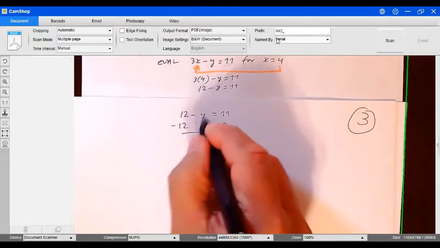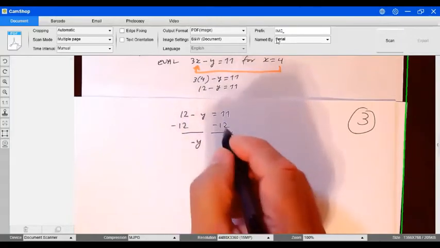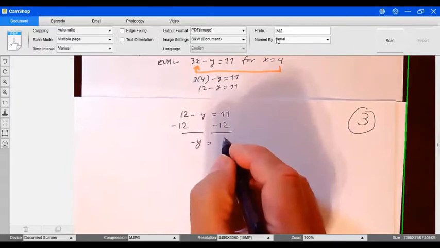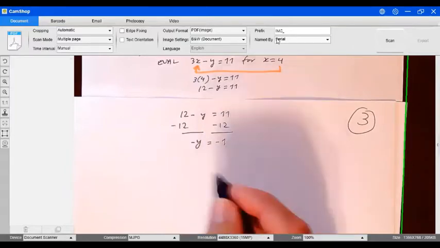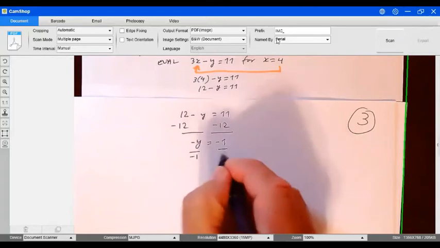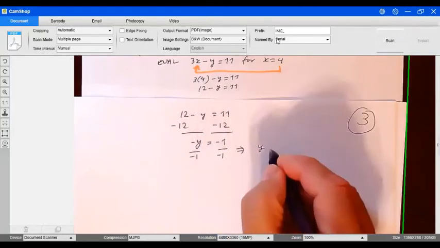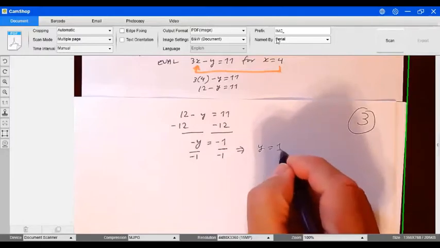I'm going to get the negative y. Don't forget that in this case, y has a negative sign in front of it. And 11 minus 12 is going to be negative 1. Then we divide by the coefficient. The coefficient is negative 1. So we divide both sides by negative 1. So we're going to get y equals positive 1.